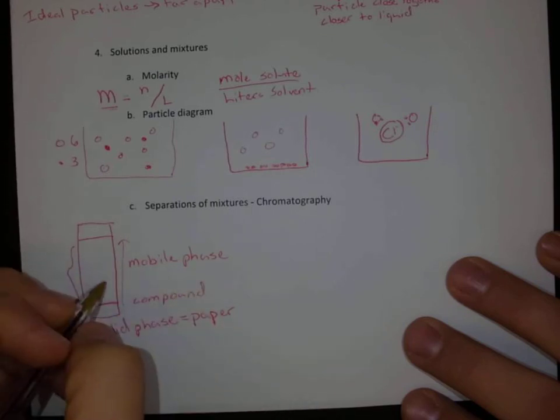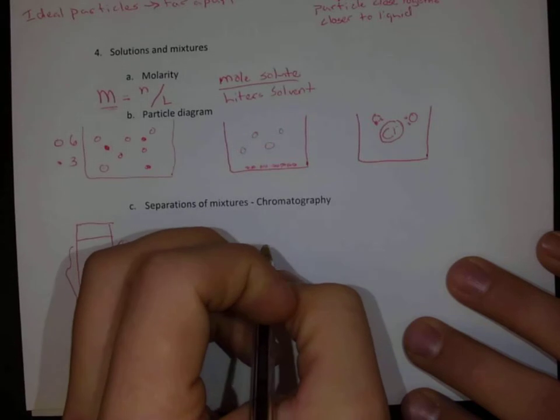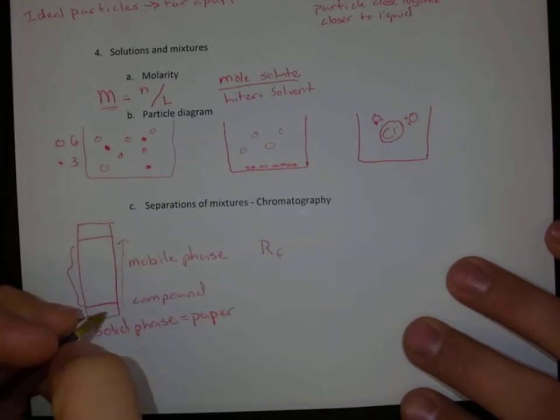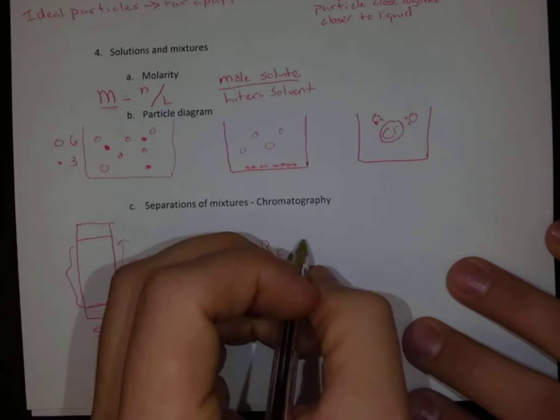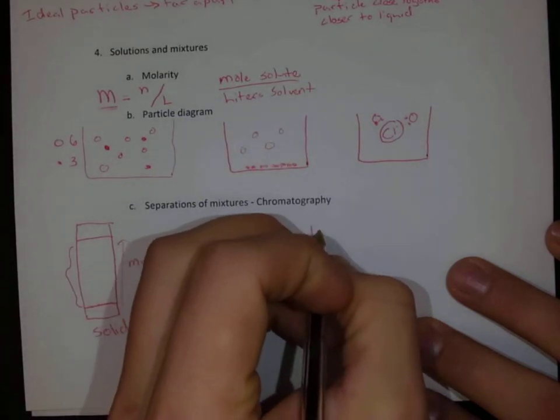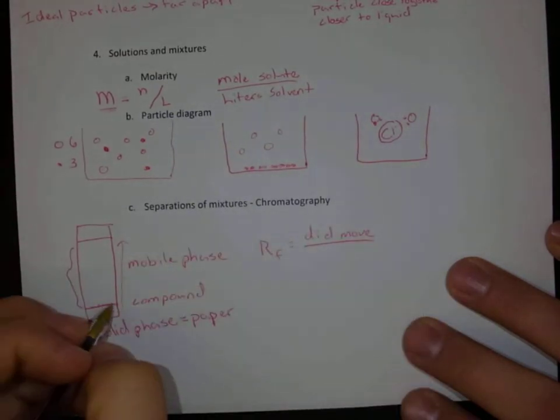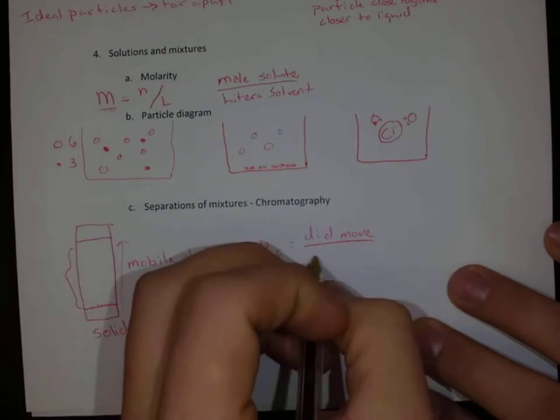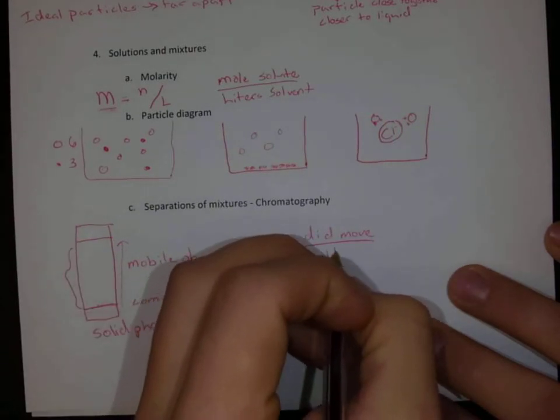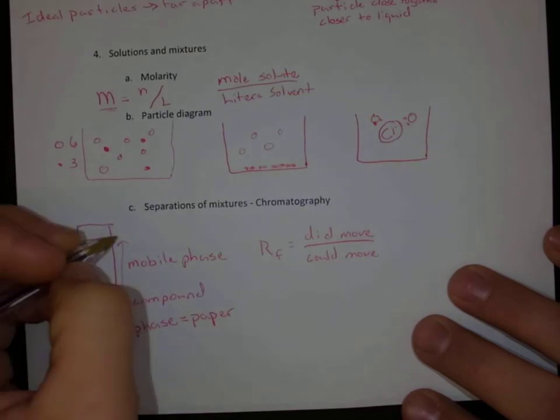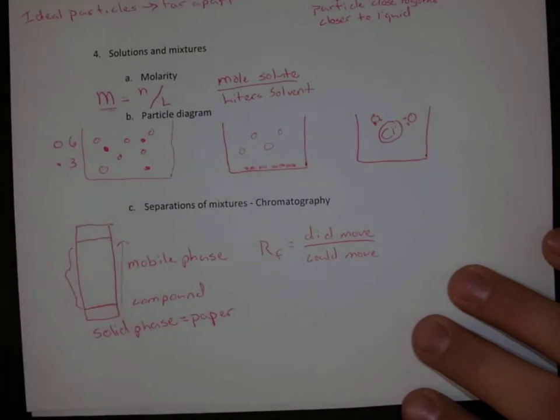Depending on how far it moves, we're going to get an RF value. RF value is how far it moved divided by how far it could have moved. How far it could have moved would be all the way up at the top where the mobile phase stopped.